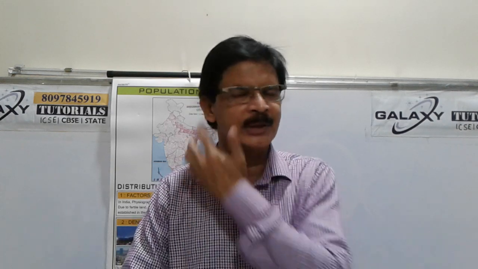Only 4 people stay per square kilometer in Canada. So just imagine how difficult it must be to see a person in Canada. Per square kilometer you could see only 4 persons, whereas in India, in a particular family you many times have 4 persons, and most of the time more than 4. But in Canada, per square kilometer, you have only 4 persons. The population density of Canada is only 4. So that's the difference between India and many of the other countries.